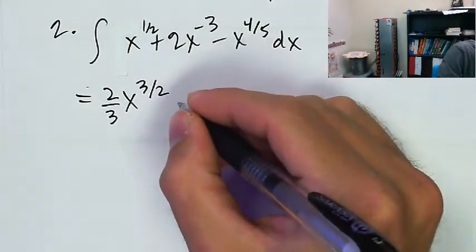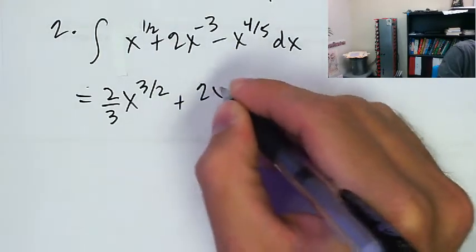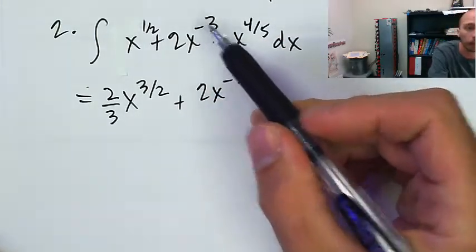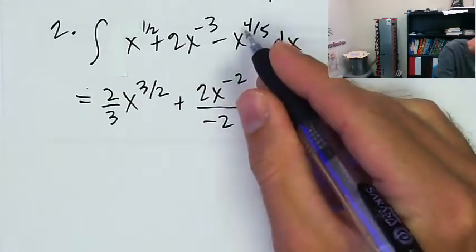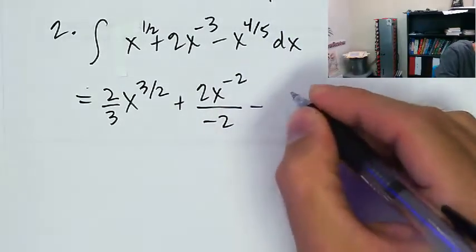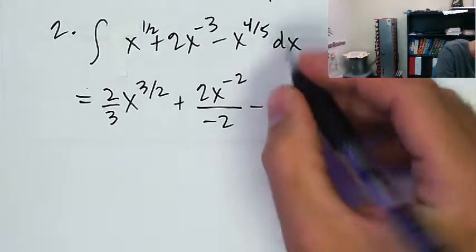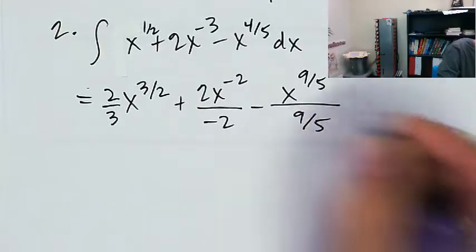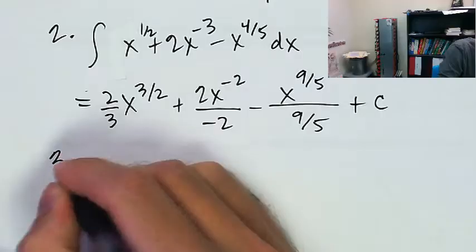And then I'm going to have plus 2x to the, I'm going to add 1 to the power, so negative 3 plus 1 is negative 2. And now I need to divide by negative 2. Okay, so x to the 4/5 plus 1 is like adding 5/5. It's going to be 9/5. And then we divide by 9/5, right? We can do that. That's cool. And we won't forget our plus c.